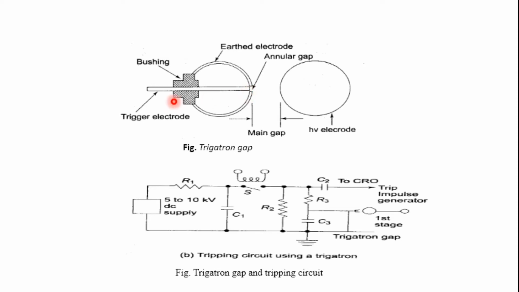When voltage is applied to the trigger electrode, because of the space charge there is a field distortion across the earth electrode and the high voltage electrode, resulting in conduction and breakdown in the device. It is a very compact device and requires a very small amount of voltage for the conduction between the 2 electrodes. It is polarity sensitive, and a proper polarity pulse should be applied for correct operation.